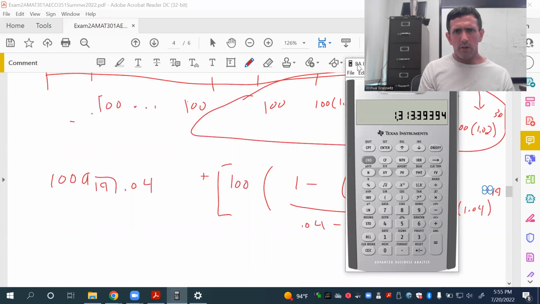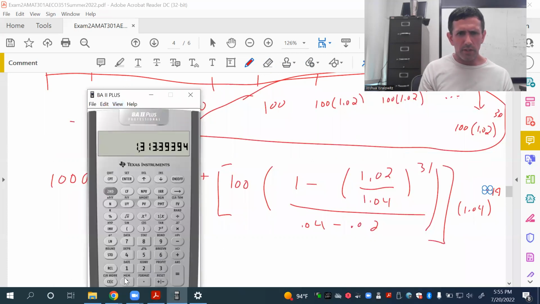Okay, so let's get this thing first. That's the easiest way to do this. 1.02 over 1.04, raise it to the 31, make it negative, plus 1, over 0.02, times 100, times 1.04 to the minus 19.